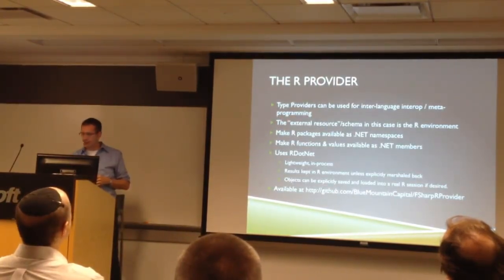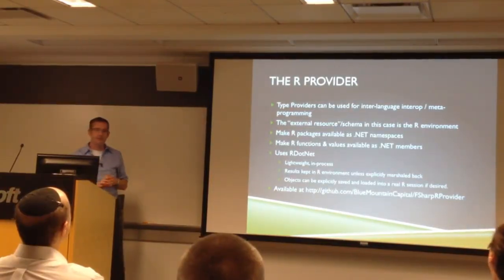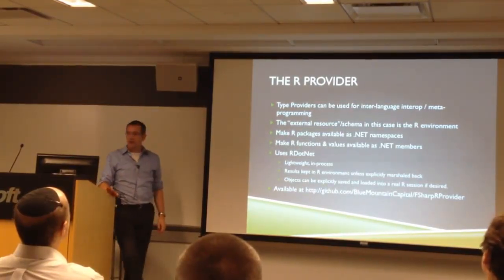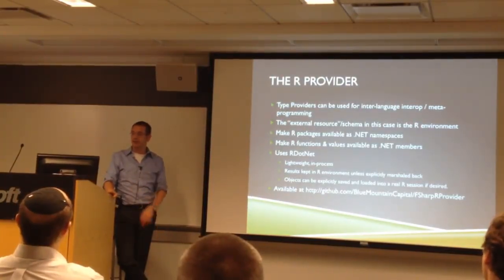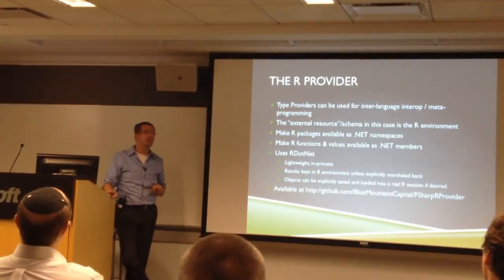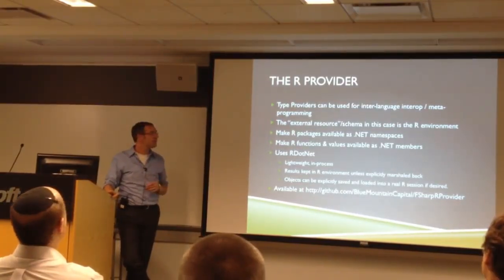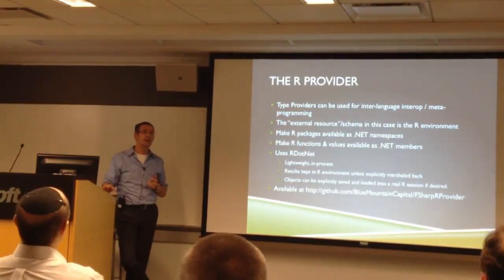All right, the R type provider. As well as accessing data, one thing I realized when type providers were announced is that they can be used for interlanguage interop or metaprogramming. You can expose the API space of some other language or environment in F# using a type provider.